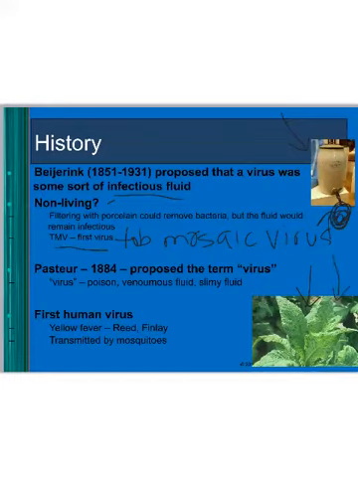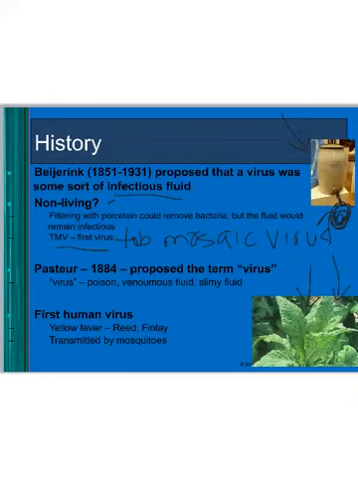It's one of the model viruses that they use to study how viruses replicate, what they're made out of, and that kind of thing. So that's TMV. It's really, really contagious between plants, not people, just plants.